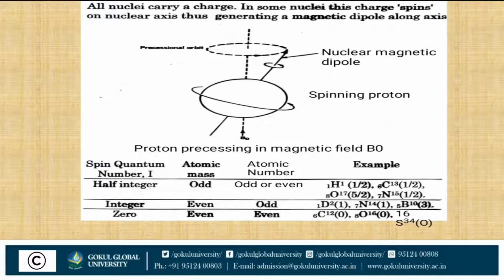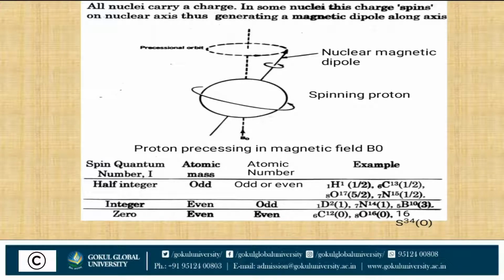In these examples, hydrogen has an odd atomic mass and an odd atomic number. In carbon-13, the atomic mass is odd.